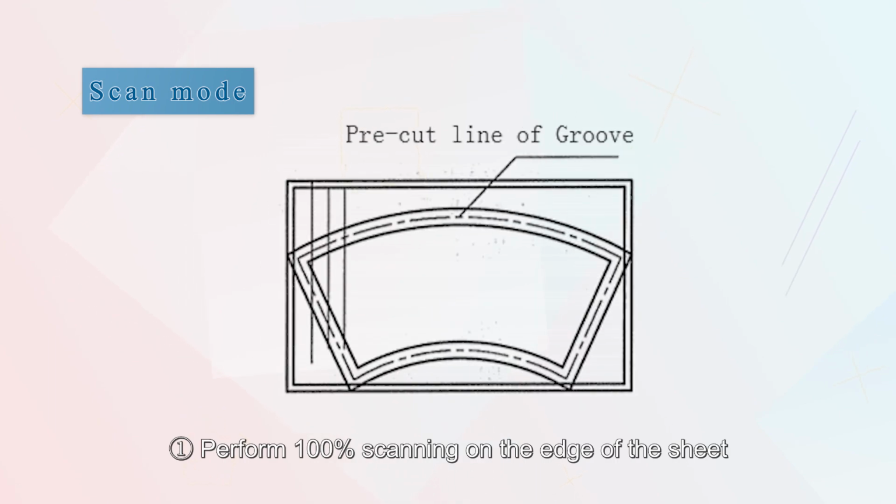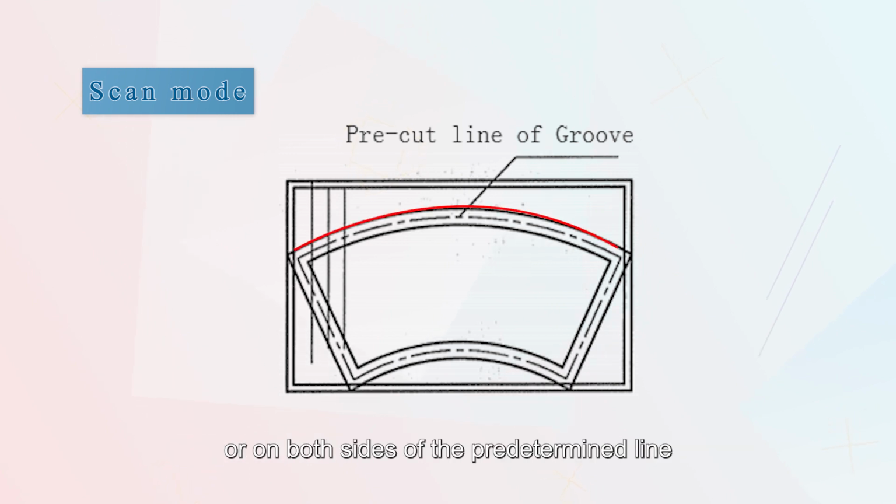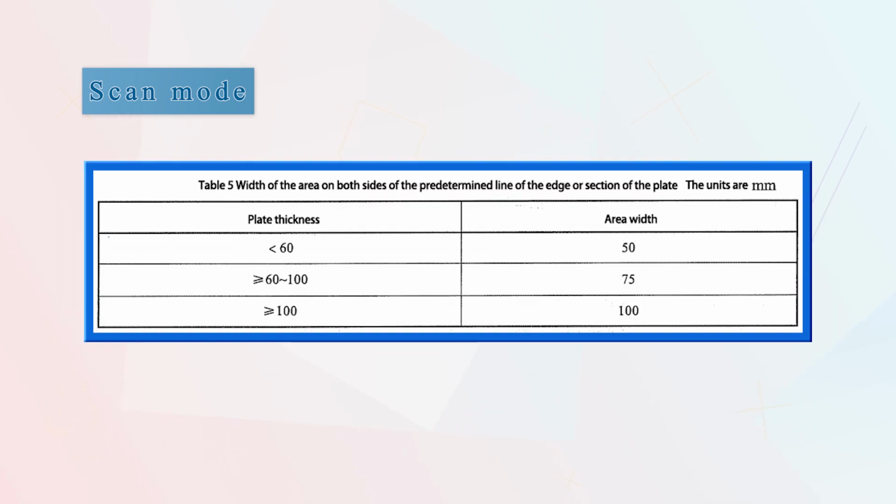1. Scanning method. There are 4 regulations in total. 1. Perform 100% scanning on the edge of the sheet or on both sides of the predetermined line of the cut. The scanning area is shown in Table 5.